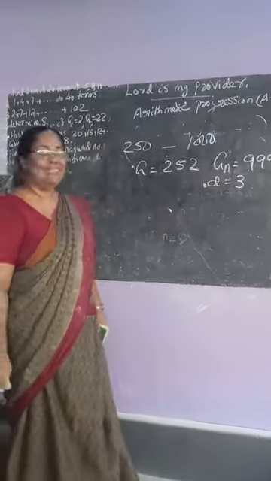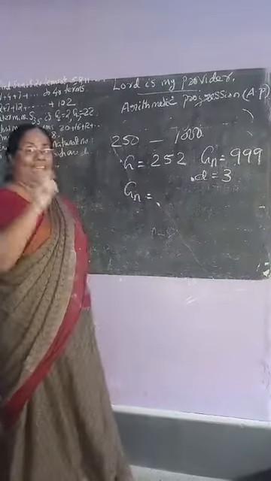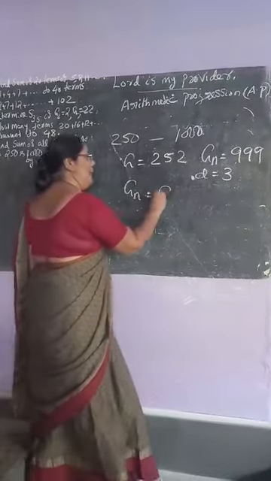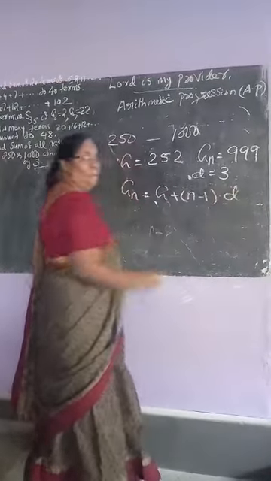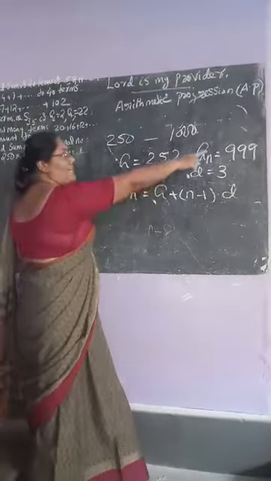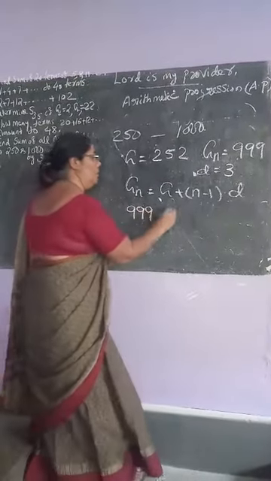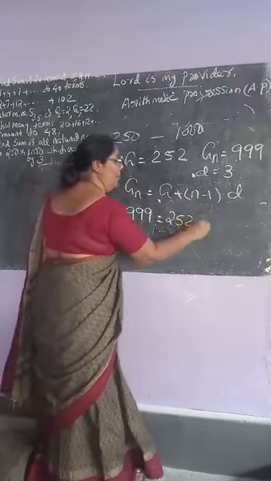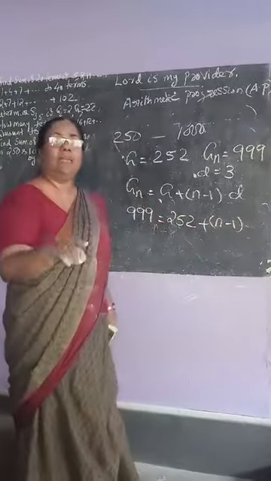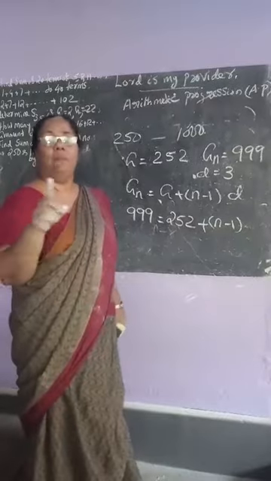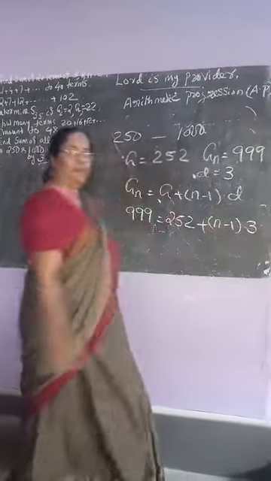Can you find the answer? An is equal to, what's the answer? An is equal to A plus n minus 1 into D. An means, what is the last term? 999 is equal to 252 plus n minus 1 into D. Divisible by 3 means D is 3. Divisible by 5 means D is 5. Therefore, here divisible by 3.